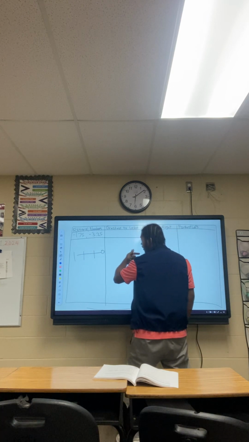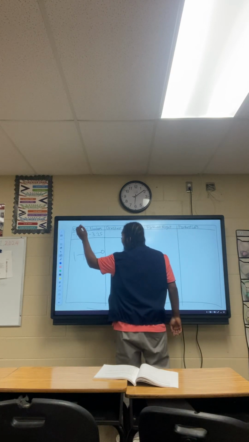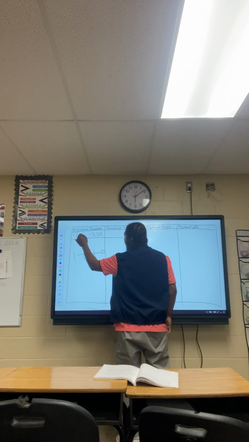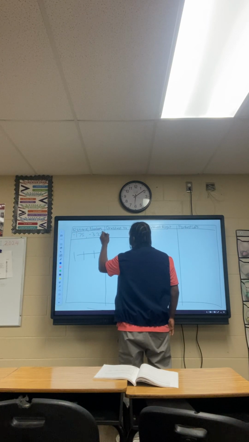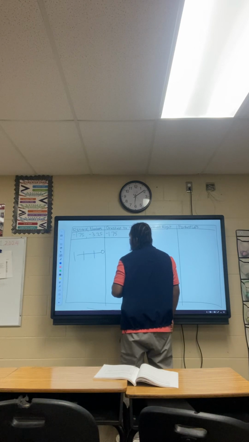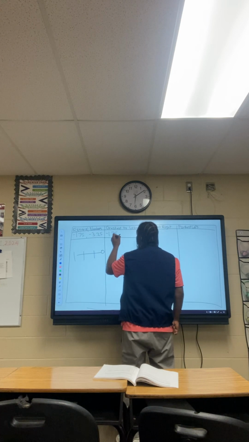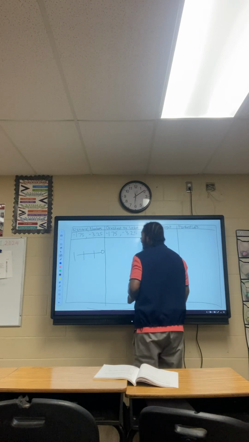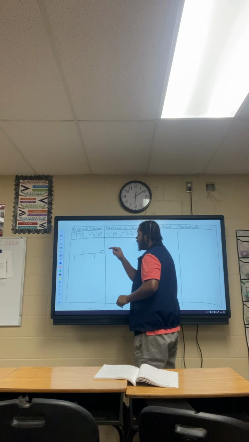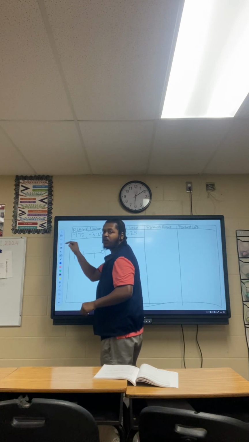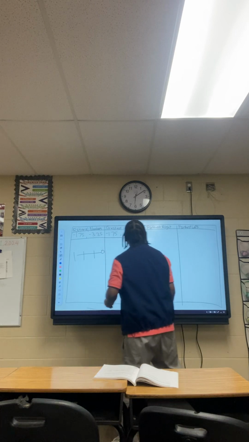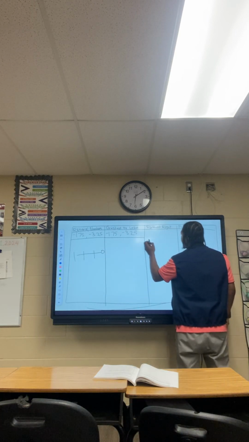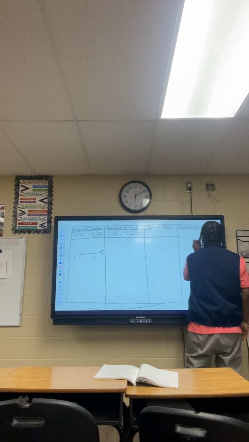So this is going to come first as the greatest number, negative 1.75, okay? Then we're going to put the negative 3.25, because as you go negative, the bigger the number gets, the smaller it is, okay? All right, so now we're going to complete the rest of this table.